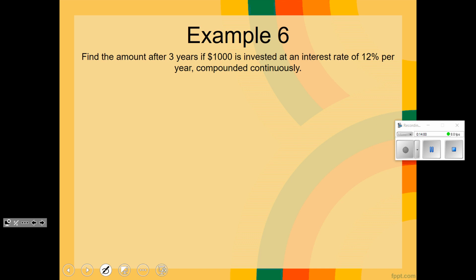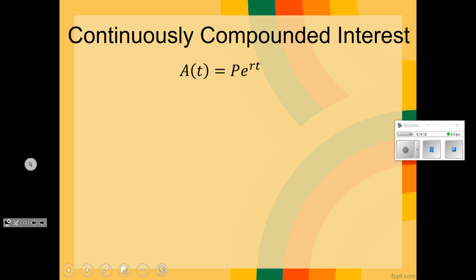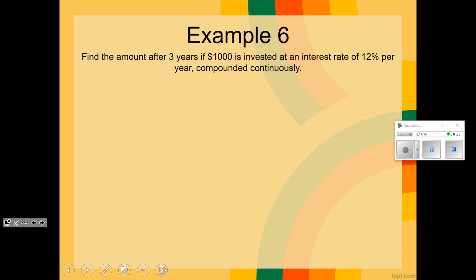What do you think should happen? More money or less money? More, because we're continuously compounding it. Okay? So the formula says this: A at T is equal to P times e raised to the RT.